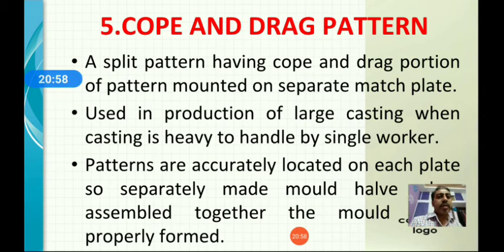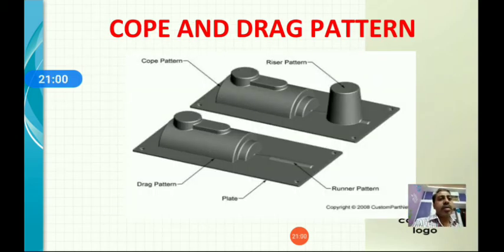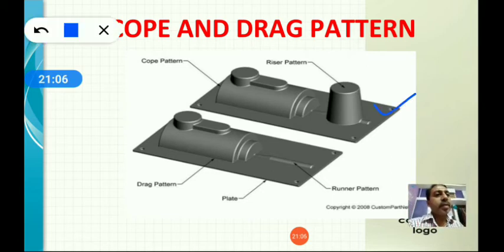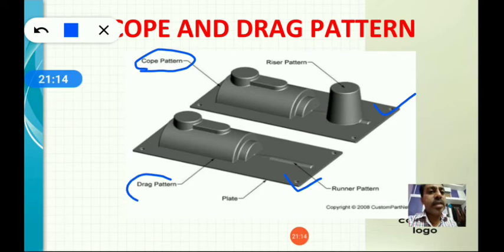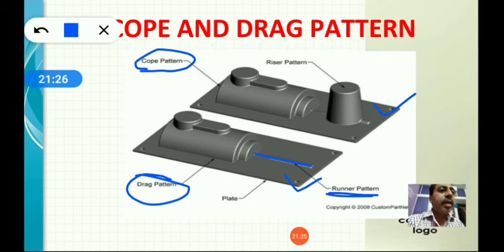Cop and drag patterns. So what is cop and drag patterns? See, in match plate patterns, there is a single match plate. Okay, but in cop and drag patterns, the match plate is on both the parts. This is cop pattern, and this is drag pattern. So in both the parts, there is a match plate, as well as it is connected with the runner and riser.